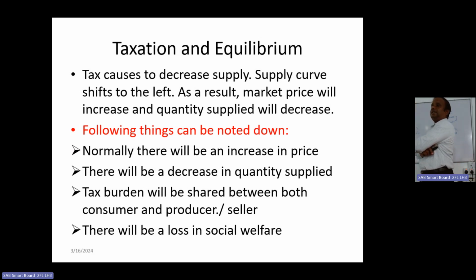And the fourth thing is how the tax burden is shared between the consumer and the producer. If the government imposes a 10 rupee tax, the price increases, but the tax burden of 10 rupees gets divided between the consumer and producer.